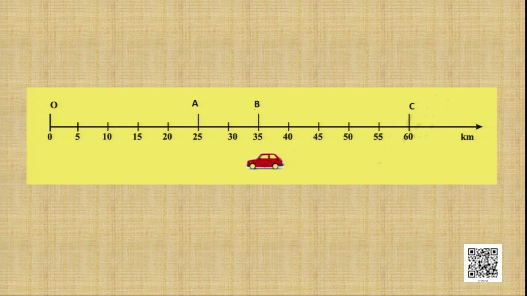How far has the object moved? Initially it traveled 60 kilometer, then it moves back to 35, that means it traveled a further distance of 60 minus 35, that is 25. That means the total distance covered is 85 kilometer.